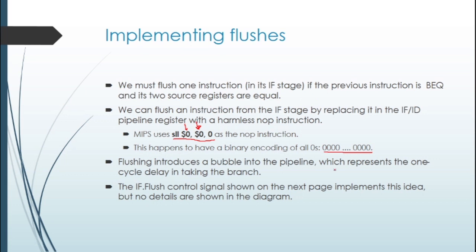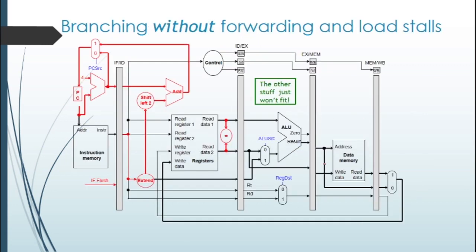Similarly, we can flush the other instruction which is in the ID stage. The IF flush control signal is shown; it flushes the whole instruction. You can see in red that the branch target address calculation is moved to the second stage, and also the comparator is done here, together with the register read.